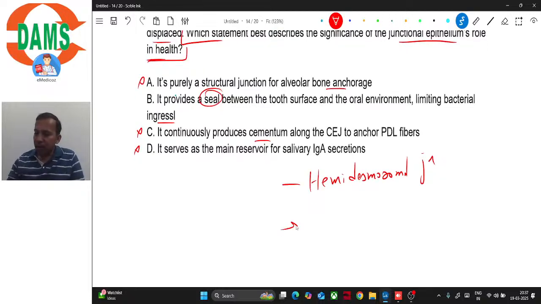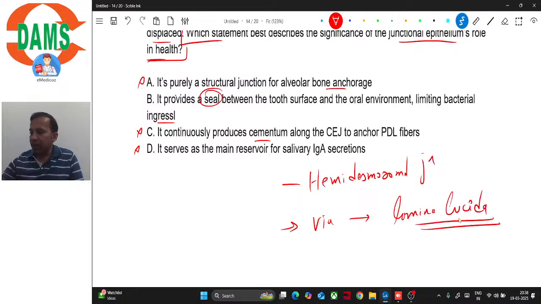Right? And what is the structure that helps in the attachment? Or this attachment is via lamina lucida, isn't it? There is only lamina lucida on the side of the tooth and both lamina lucida and densa on the side of connective tissue, right?